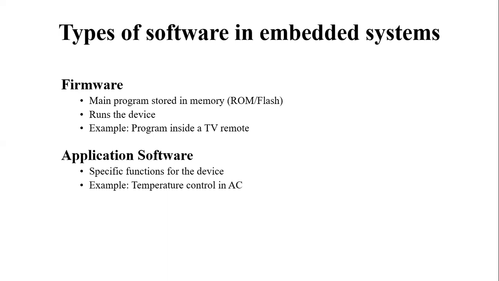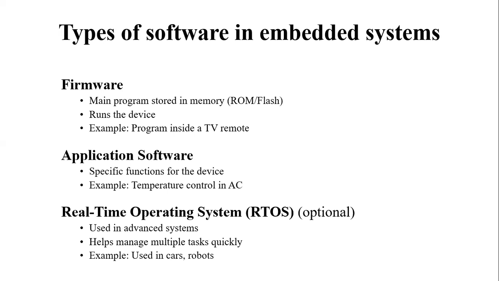And next thing is the real-time operating system. It is optional for embedded systems. It has its own RTOS. Compared to application software, RTOS gives better performance and speed of access because of its own behavior.